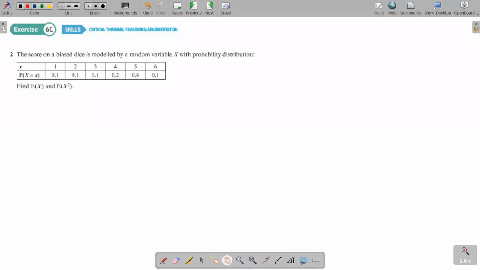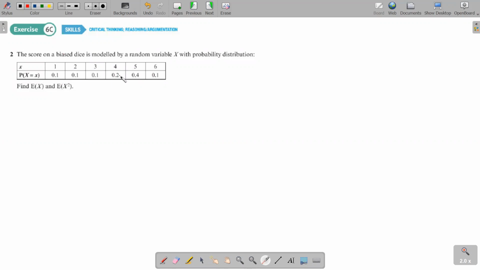Okay, so we'll move to exercise 6C. I'll start with question number 2. The score on a biased dice is modeled by a random variable X with a probability distribution. You can see that different X values have different probabilities. The X value 1 has probability 0.1, X value 2 has probability 0.1, and 3 has probability 0.1, but X value 4 has probability 0.2.